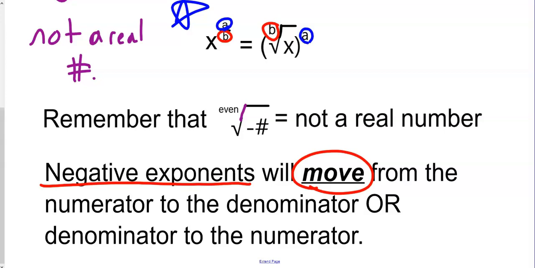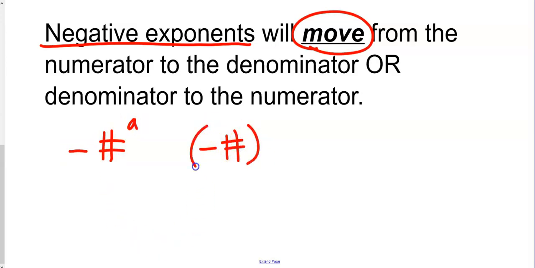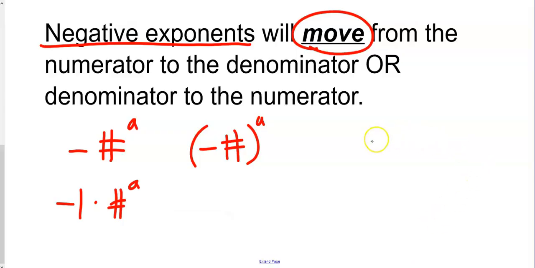Okay? And one more little piece of information. These are two different ideas. The first one, this is -1 times that number to an a. And the second one, this actually means, whoa, crazy things going on, that you have a negative number to a power.